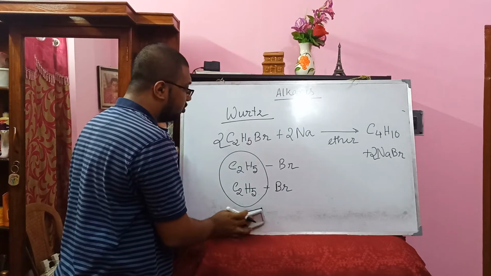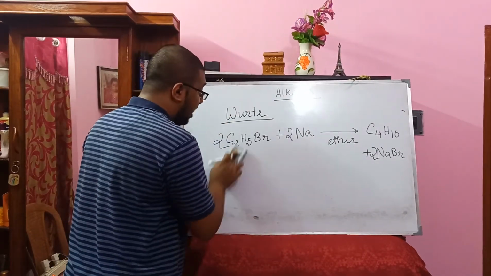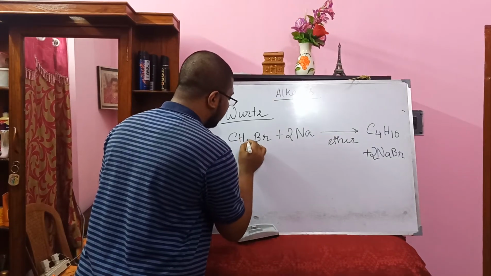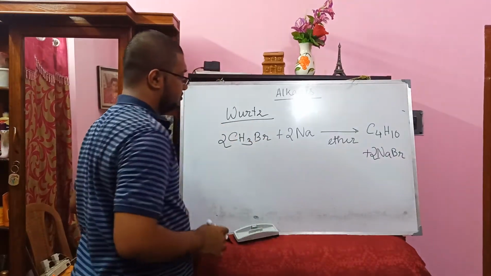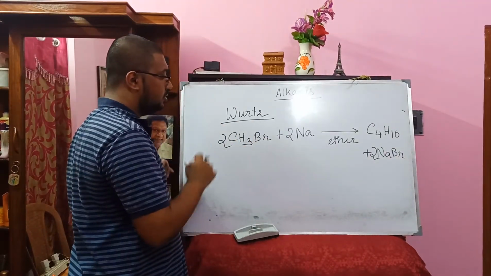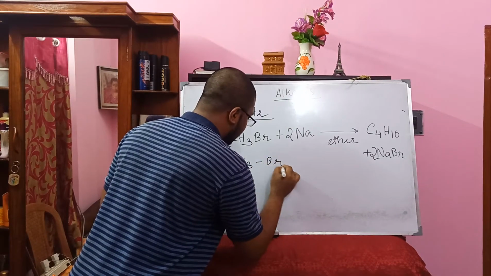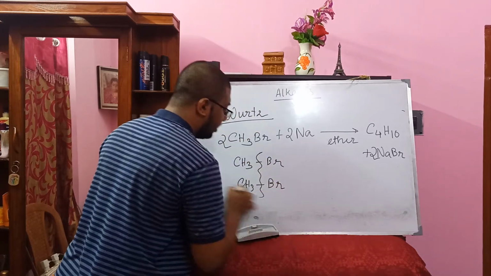Instead of taking C2H5, you could have taken one carbon less, in the form of CH3Br, that is bromomethane. So this is CH3, this is Br, another CH3, another Br. This could have broken here.